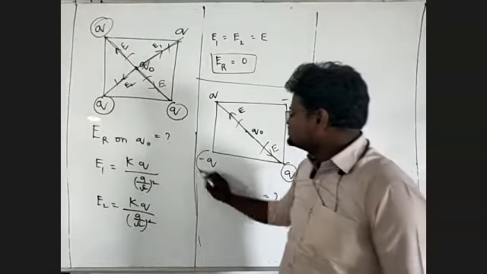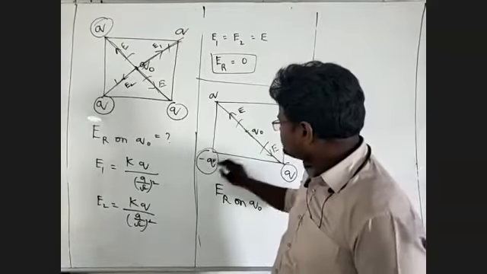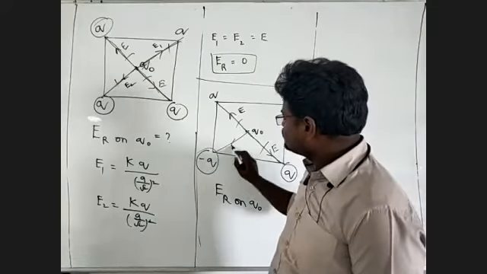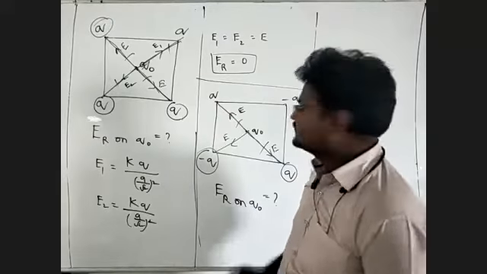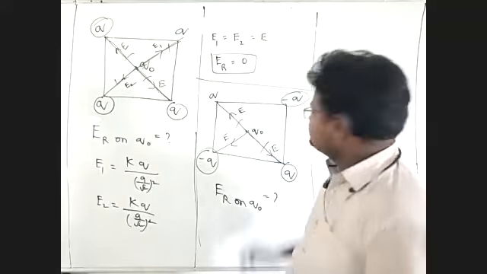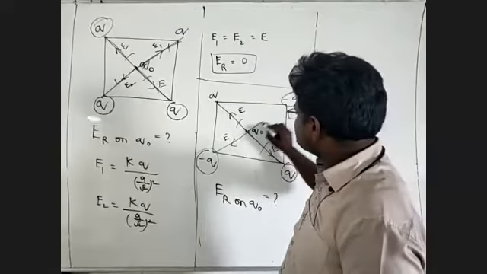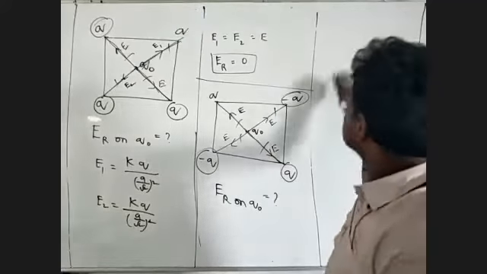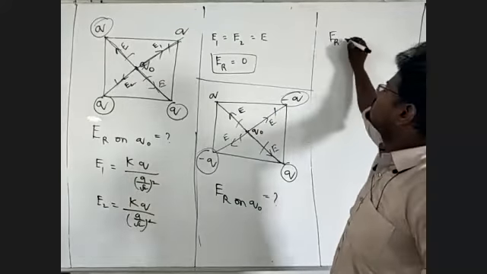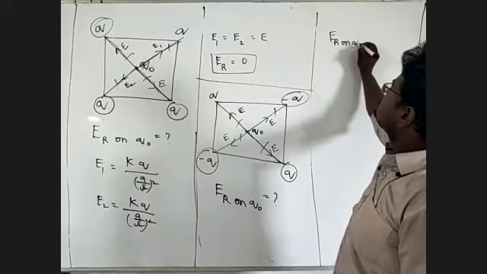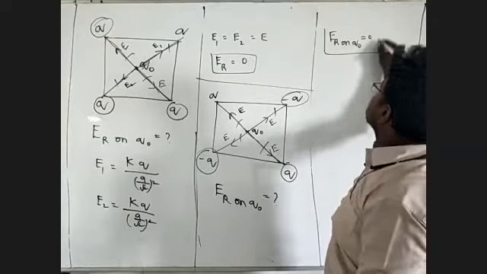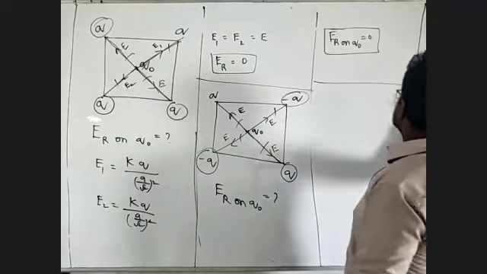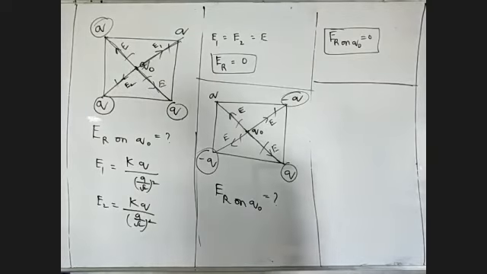Now this is a minus Q. This minus Q will attract Q naught in this direction, that is E. This minus Q also attracts Q naught in this direction. Both are equal and in opposite directions. Resultant force acting on Q naught is equal to 0. Your answer is 0.